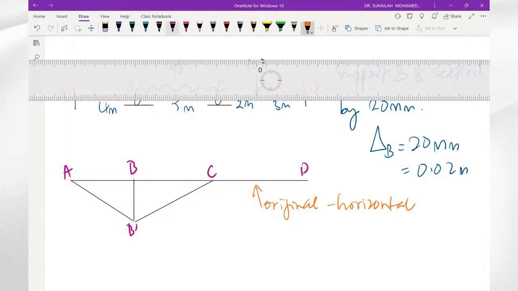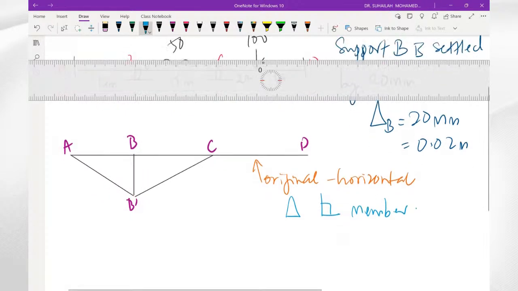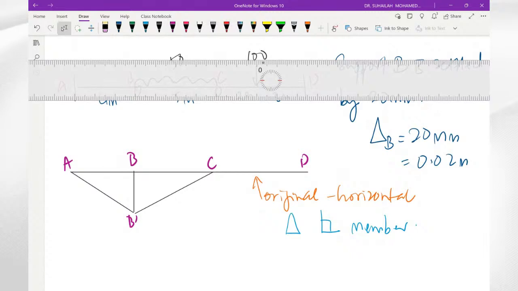Konsep delta ni, dia akan always perpendicular dengan member. Delta ni perpendicular dengan member. It means that kalau beam dah memang kita tahu dia horizontal, delta must be vertical.